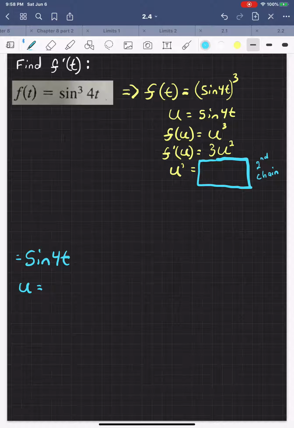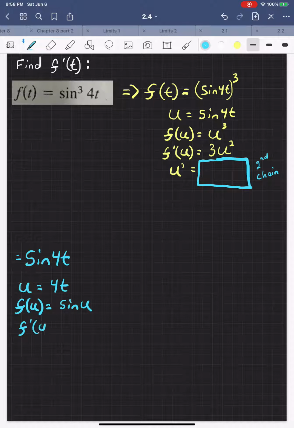So back to it. So let u be 4t. f of u would be sine of u. Now I need f prime and u prime. So the derivative of sine is cosine.